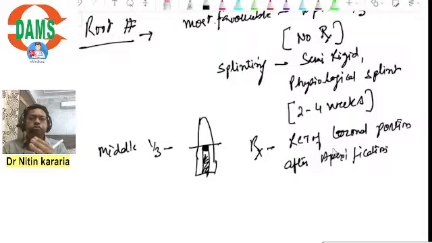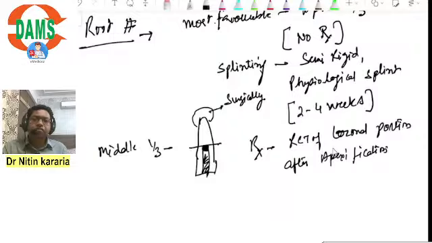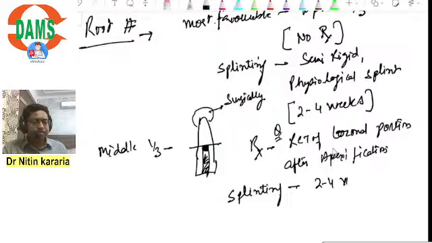We do not go through the fracture and do any treatment with the apical 1/3. If the apical 1/3 becomes infected or there is a periapical lesion, we have to manage it surgically. If there is no periapical lesion, there is no need to do anything with the apical segment. What is important is that root canal procedures are always done in the coronal portion only. Splinting would definitely be required. It is the same splinting as apical 1/3, that is semi-rigid for 2 to 4 weeks.